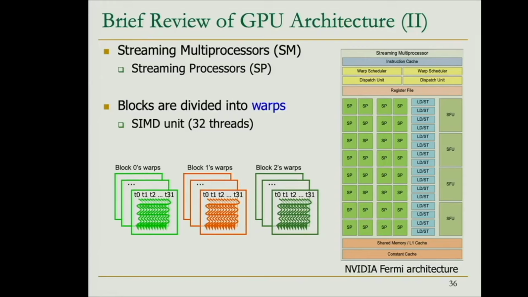The warp scheduler internally uses a scoreboard, essentially a table of the instructions that are ready for execution. Instructions that are ready for execution are those that have the operands ready. This is the way of controlling the internal dependencies inside the GPU program.